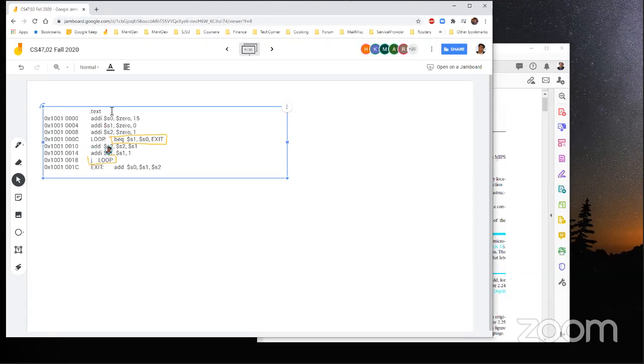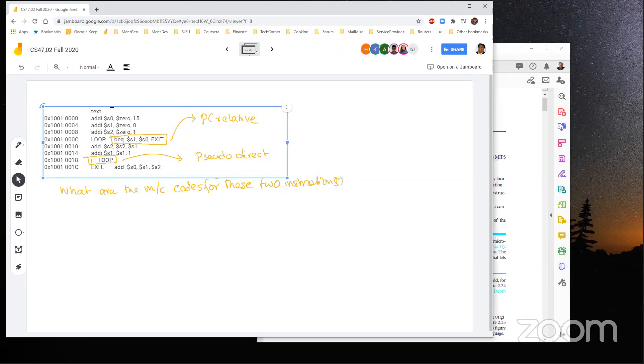So this one is your PC relative, and this is your pseudo direct. What are the machine codes for these two instructions?